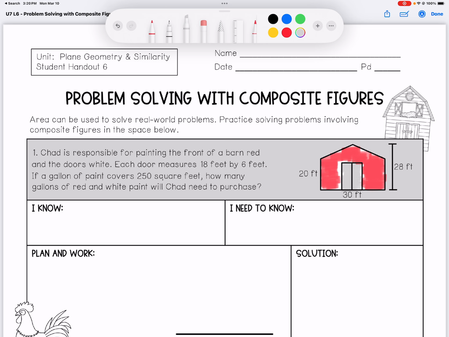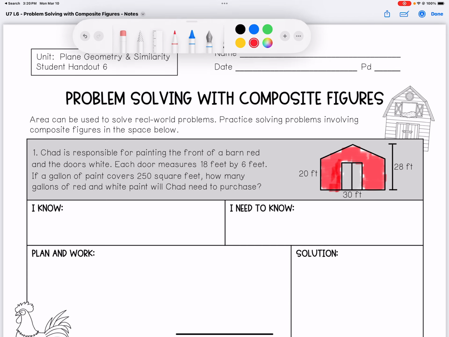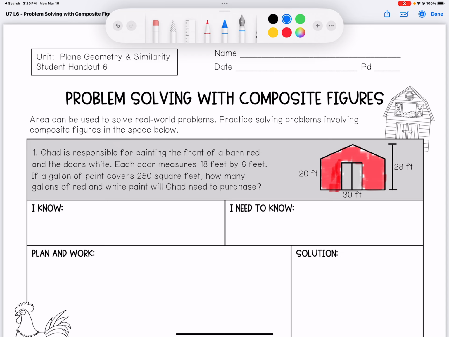There we go. Now, each door measures 18 by 6. If a gallon of paint covers 250 square feet, how many gallons of red and white paint will he need? So he's going to paint the whole barn. How much does he need?